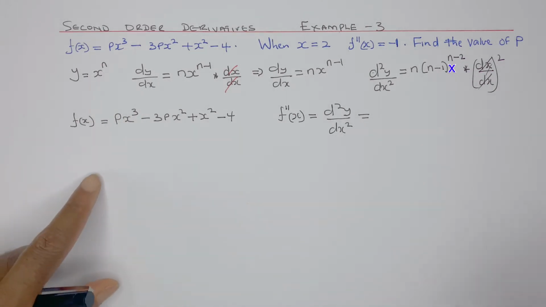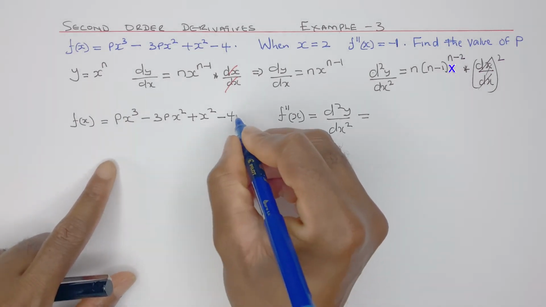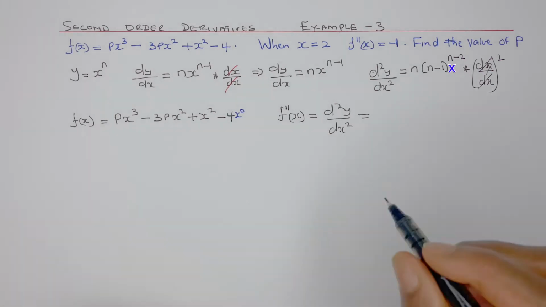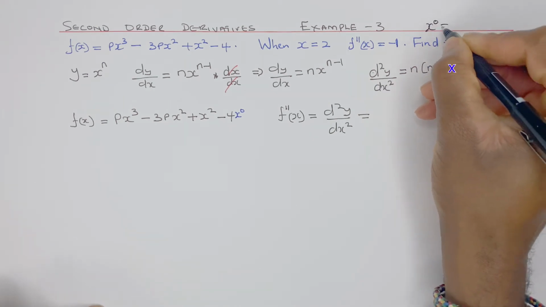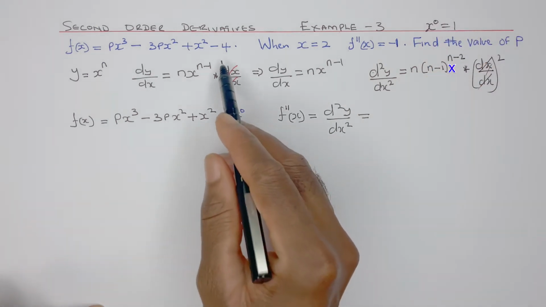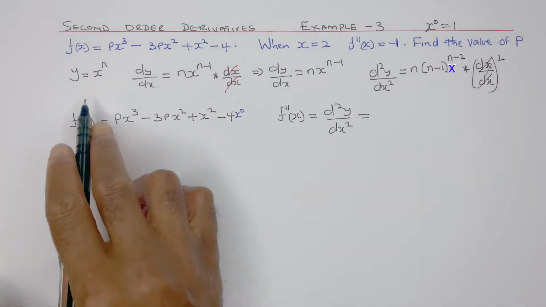Each term has its x variable. This one has x to the power 0, but x to the power 0 is 1. So 1 times 4 is 4 there. So now we've got it in that format.